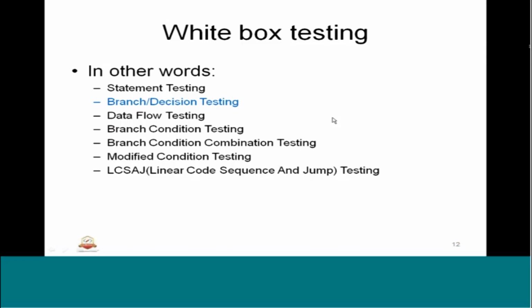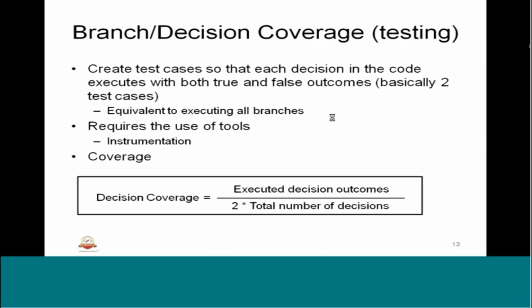So here we create test cases so that each decision in the code executes with both true and false outcomes. So basically two test cases. So we take that simple example only. So we have exercised the statement coverage in two techniques. Similarly for decision or branch coverage testing, for true and false conditions we will have it.